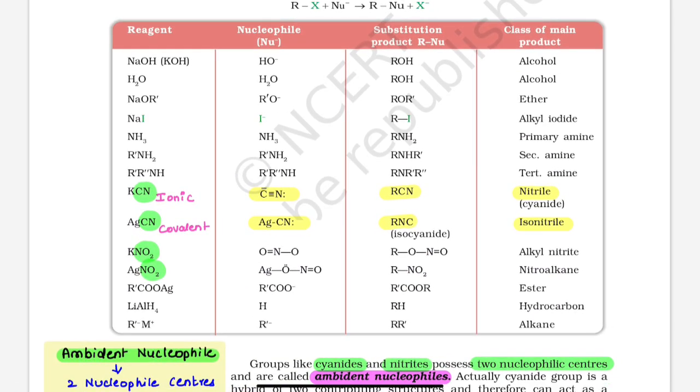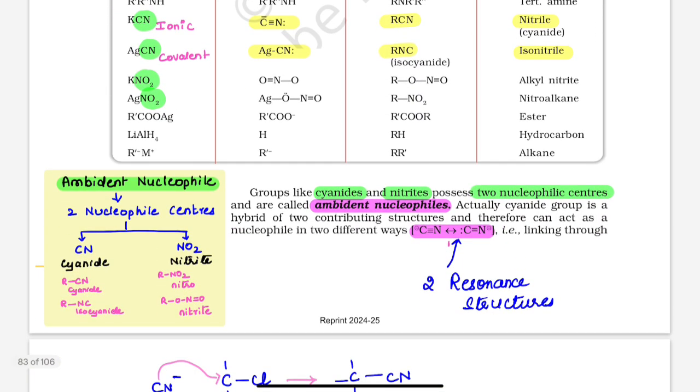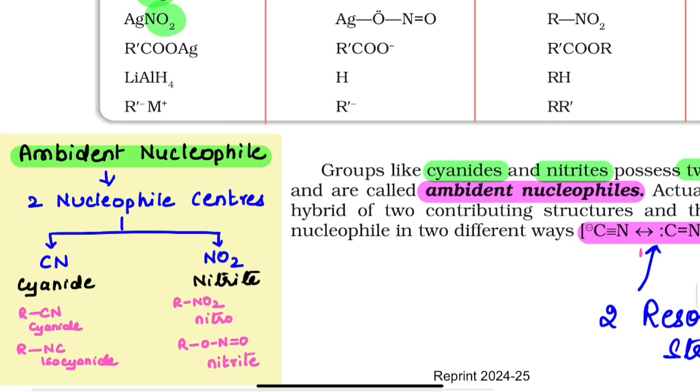So here what you have to mainly focus on is these reagents KCN, AgCN, KNO2 and AgNO2, that is potassium cyanide, silver cyanide, potassium nitrite, silver nitrite. So all these four are called as ambident nucleophile. Ambident nucleophile means they will have two nucleophilic centers.